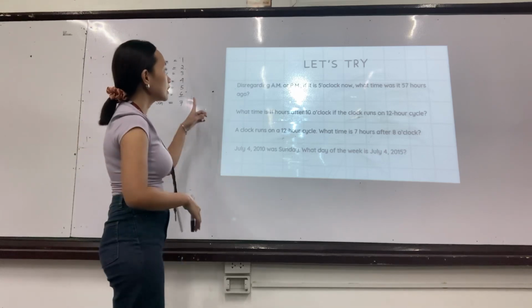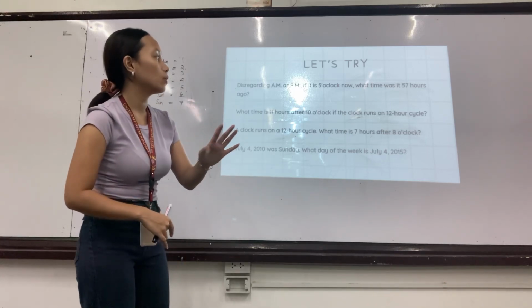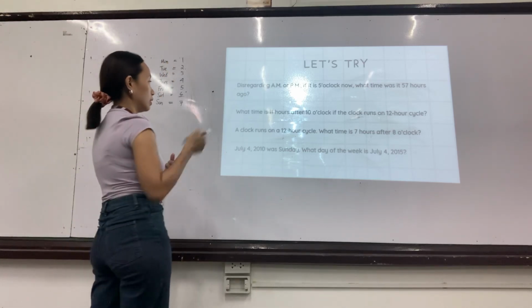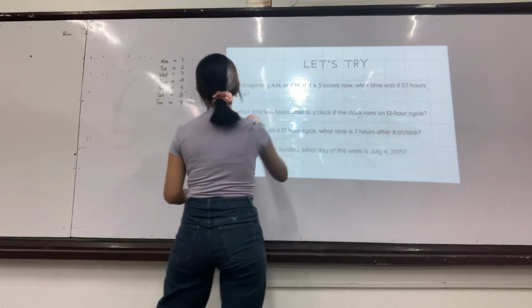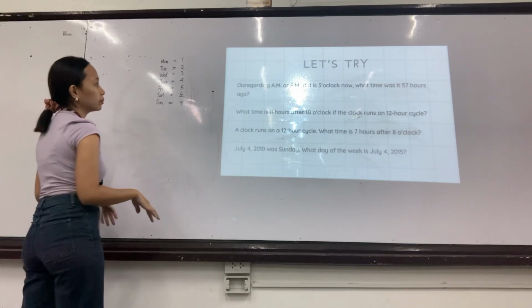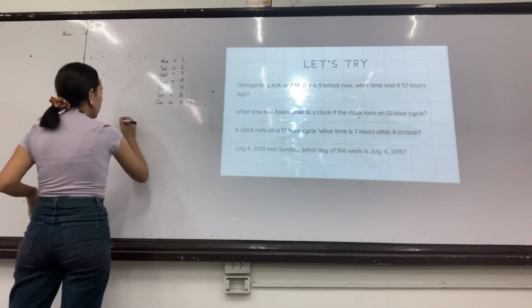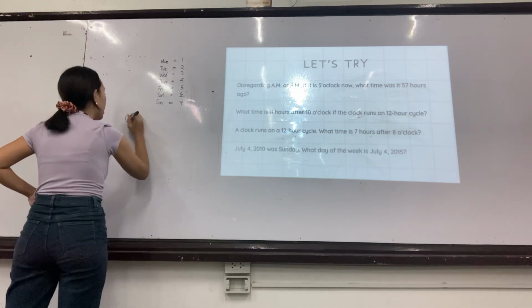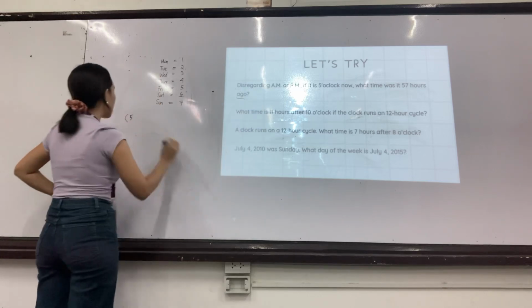Next one. Disregarding AM or PM, if it is 5 o'clock right now, what time was it 57 hours ago? So our givens are 5 and 57. Since we are talking about a clock or time, disregarding AM or PM, we use the value of 12 for modulo. Since it says ago, we are dealing with subtraction.